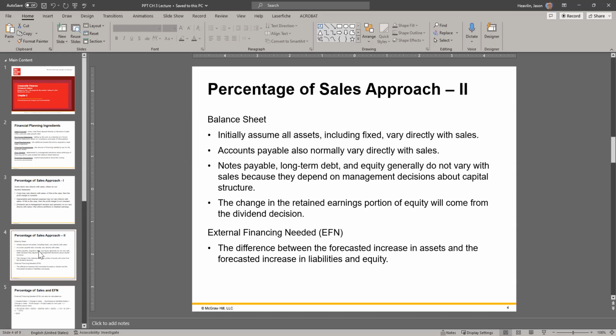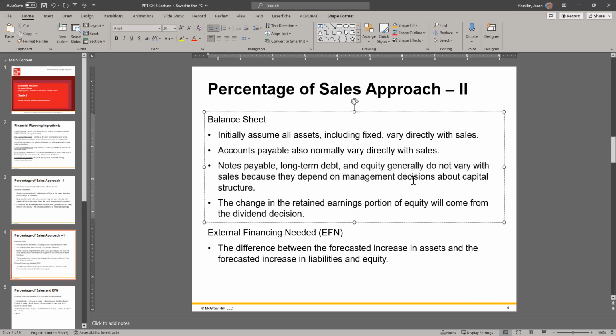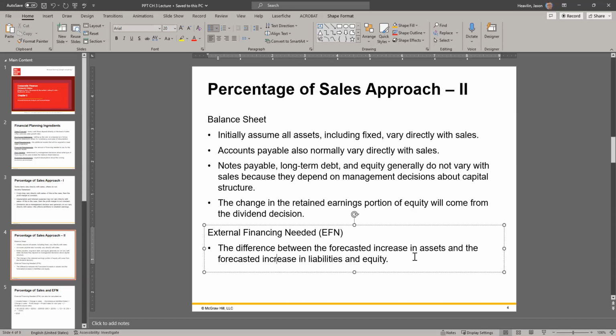The change in the retained earnings portion of equity will come from the dividend decision. This is tied to what we spoke about on this one. So these two are tied together. One is talking about debt, and the other one is talking about the retained earnings, like we said about the dividend decision.